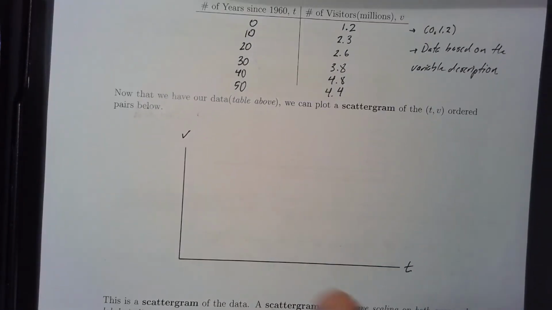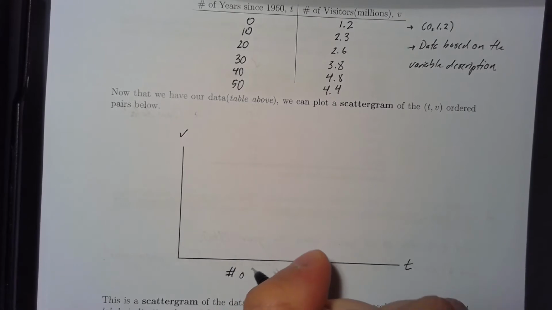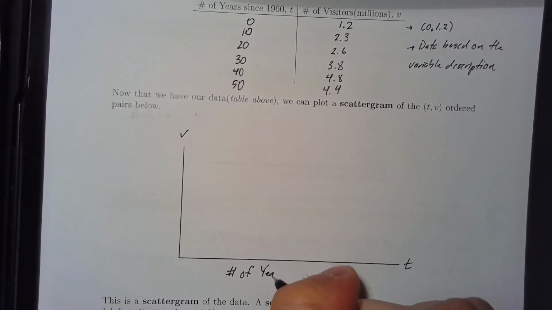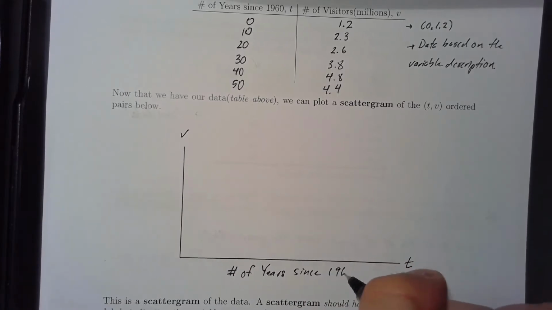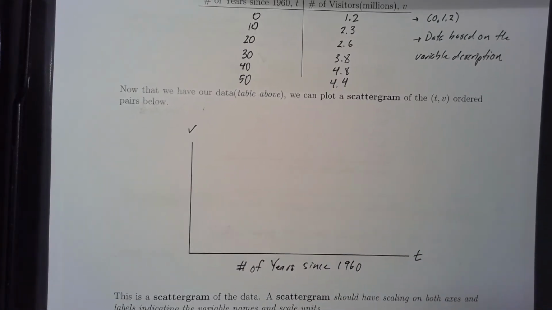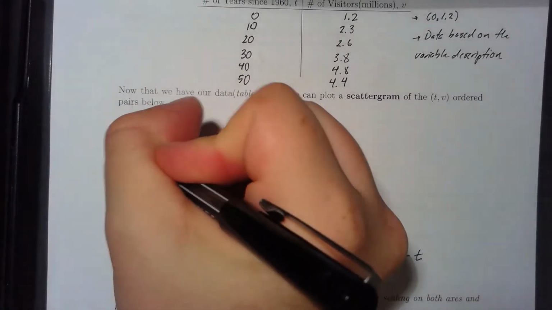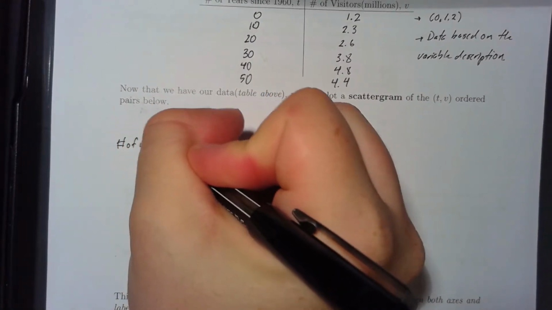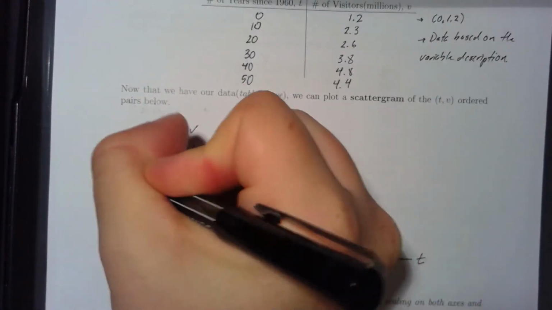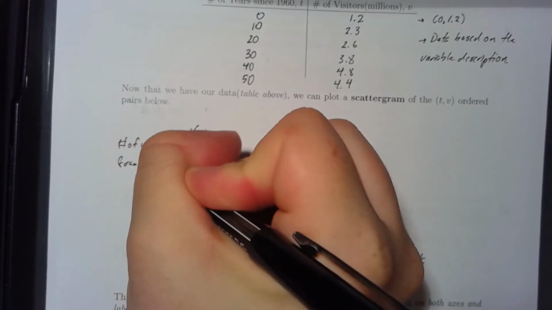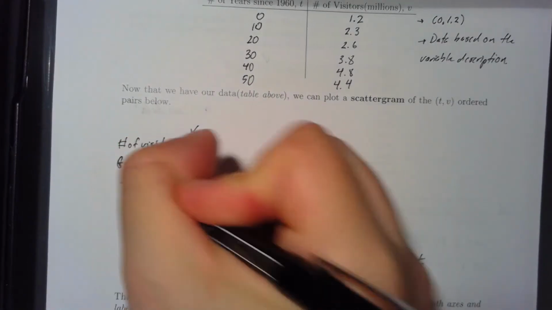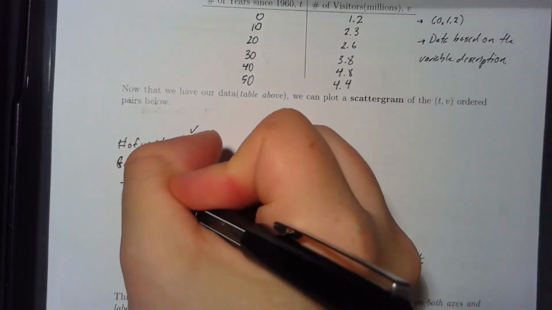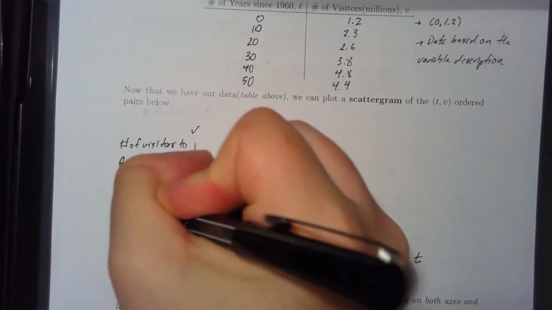So T is the number of years since 1960. V is the number of visitors to Grand Canyon for a given year.